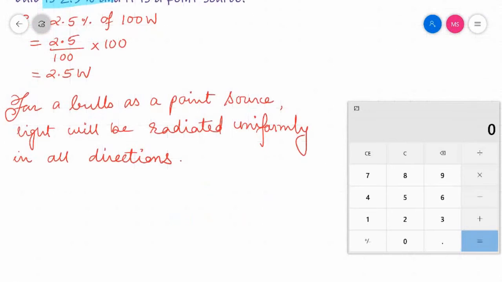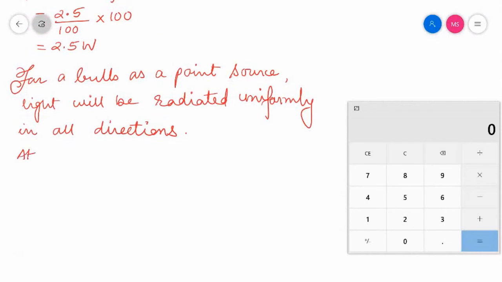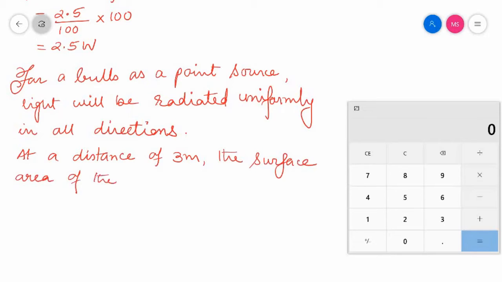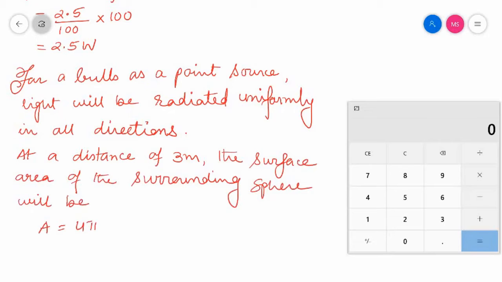Therefore, at a distance of 3 meter, the surface area of the surrounding sphere will be A equal to 4 pi r square, and that is equal to 4 into 3.14 into 3 square.